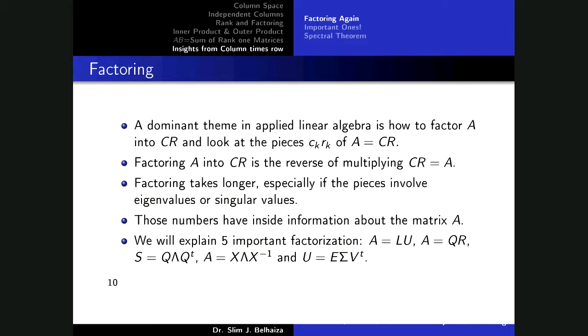I think I convinced you, or at least tried my best to convince you, that there are some opportunities, some payoffs, some advantages of factorizing matrices, like factorizing in this very simple form CR, and looking for the pieces or chunks of A. So factoring A into CR is quite simple because you just need to identify the independent columns. And R, as we said before, is just the reduced row echelon matrix you can obtain from A.